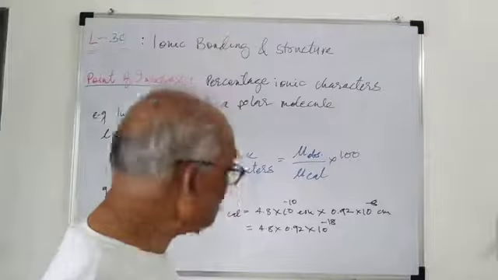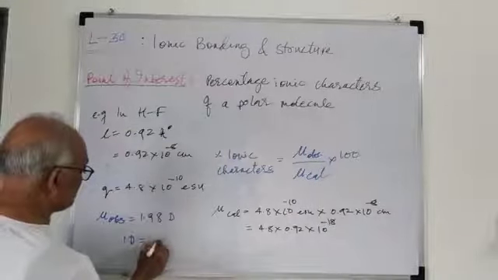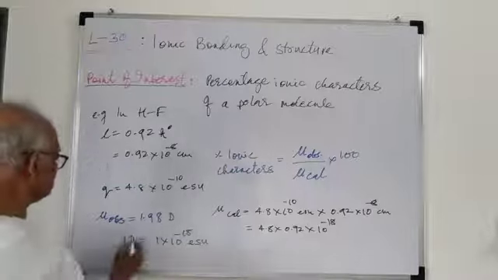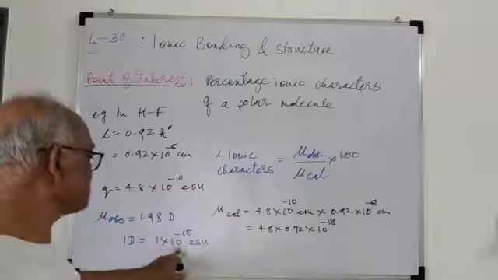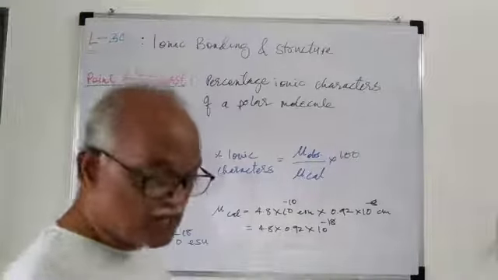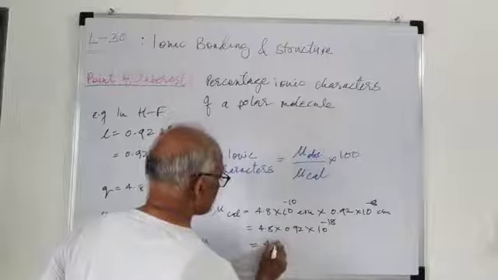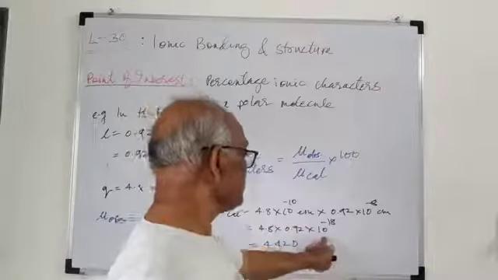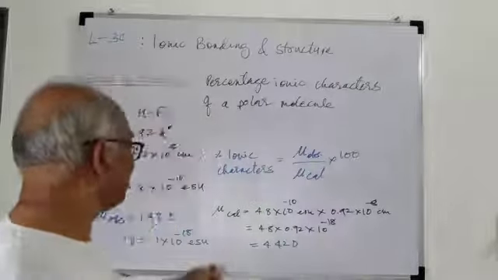We know that 1 D is equal to 1 into 10 raised to minus 18 ESU, so it gives us 4.42 D. So this is our calculated mu.